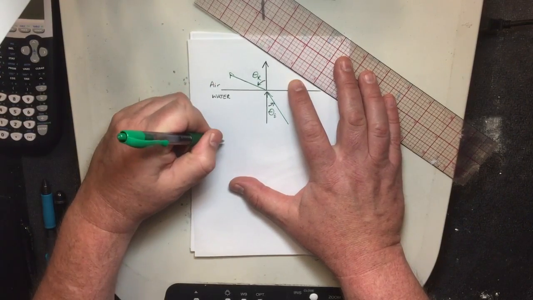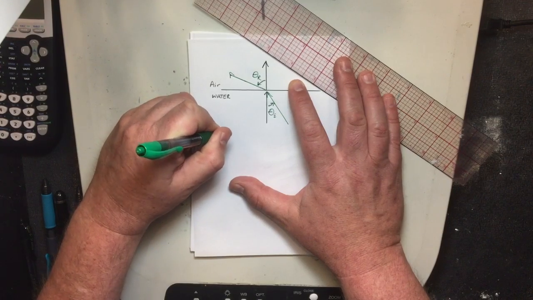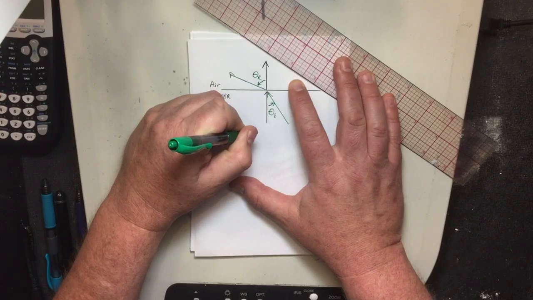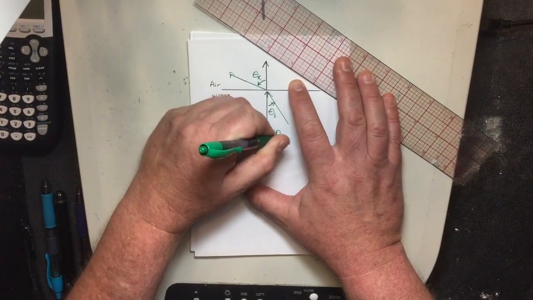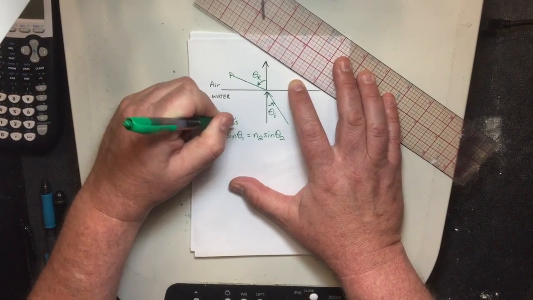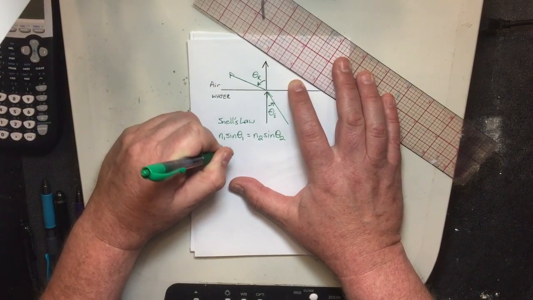And for this particular case, you've got to use Snell's law. N1 sine theta 1 equals N2 sine theta 2. And this deals with refraction.